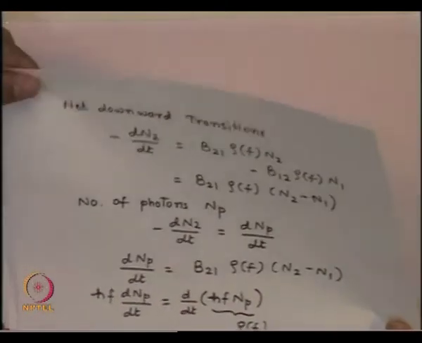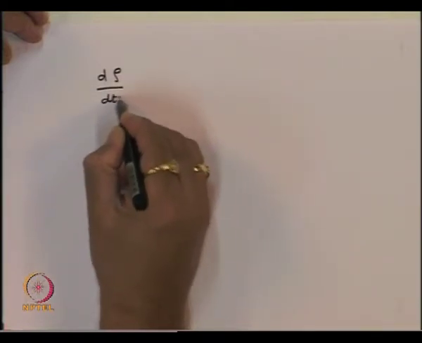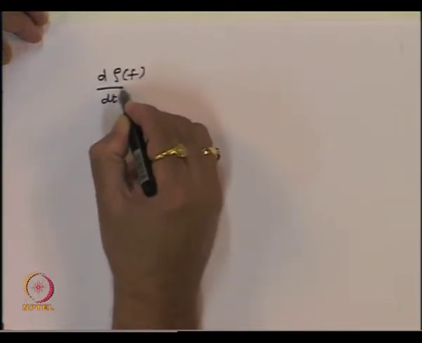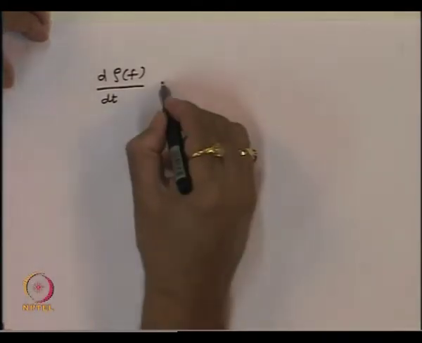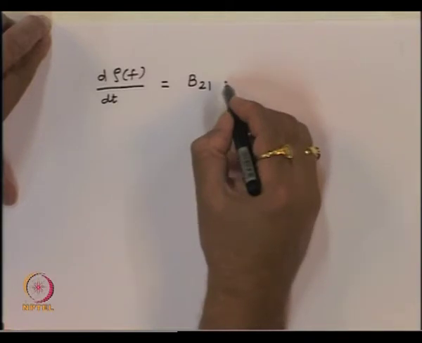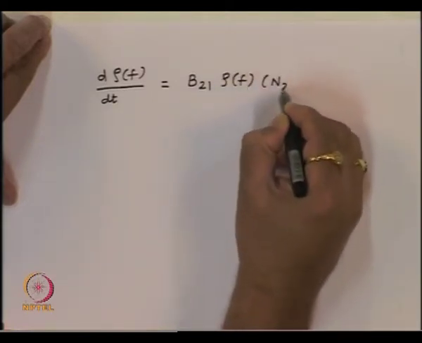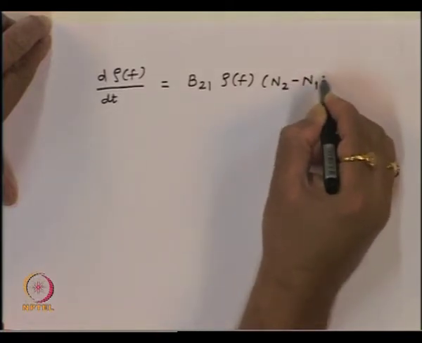So, we got the equation for the photon flux from the system, which is d rho by dt, a function of frequency, equal to B21 rho of f into N2 minus N1.